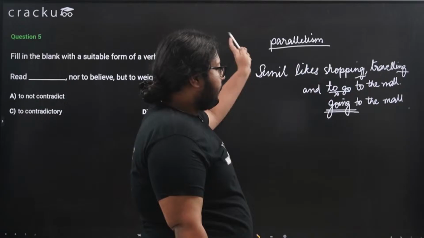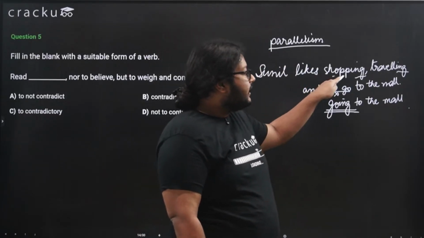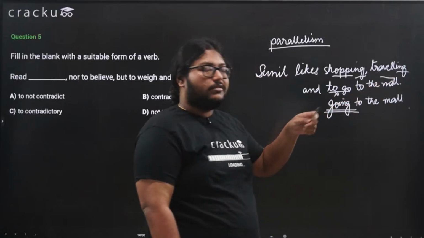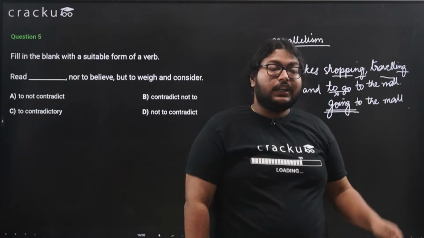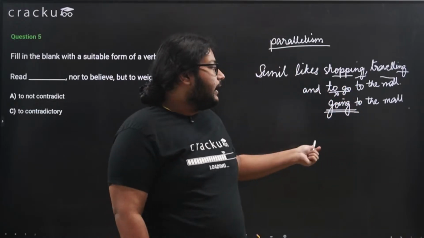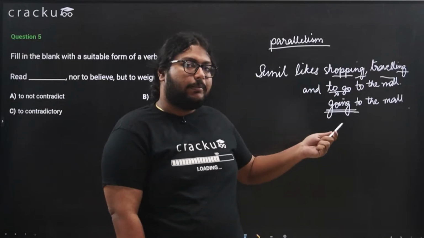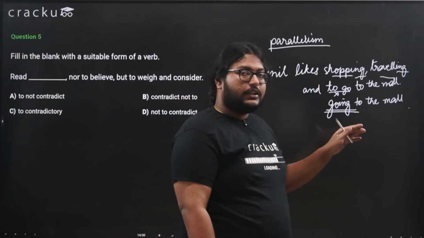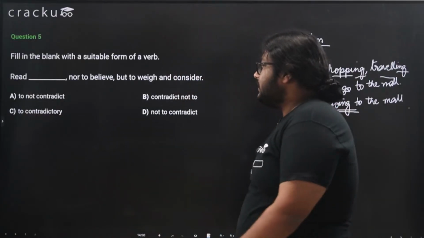So that is what parallelism or parallel structure means. Essentially, if there are many things in a list, all of them should have a similar structure. If you have questions about parallelism, you can go check out our YouTube videos. We have a video on parallelism, so go check it out. You'll be able to understand what parallelism means.